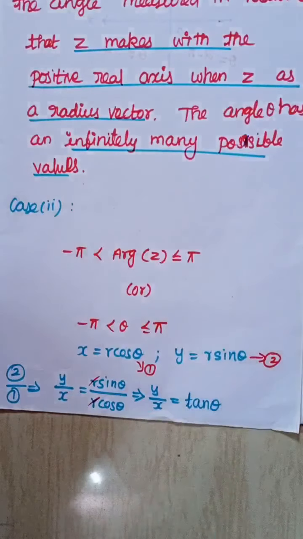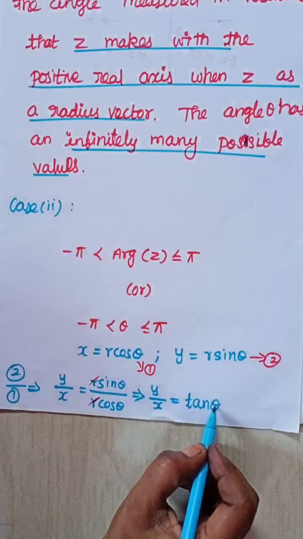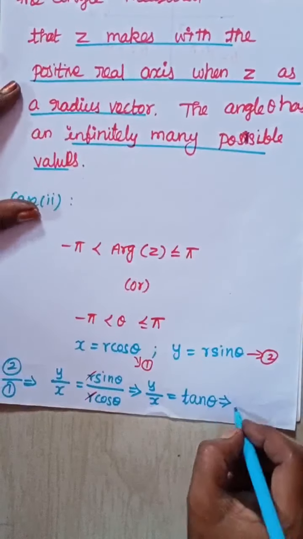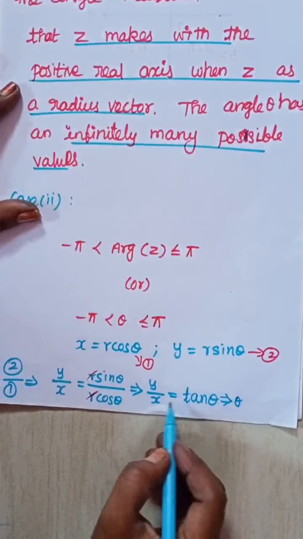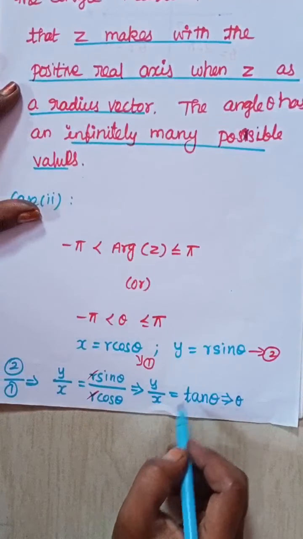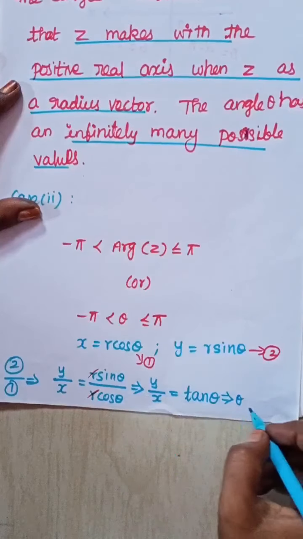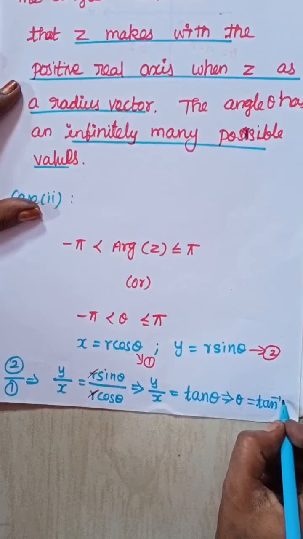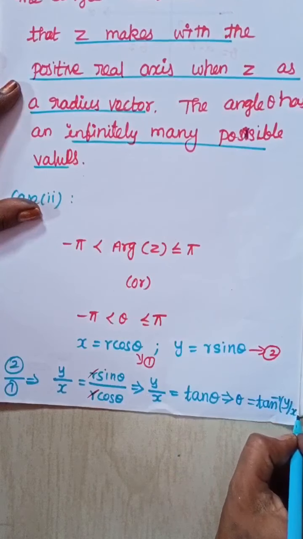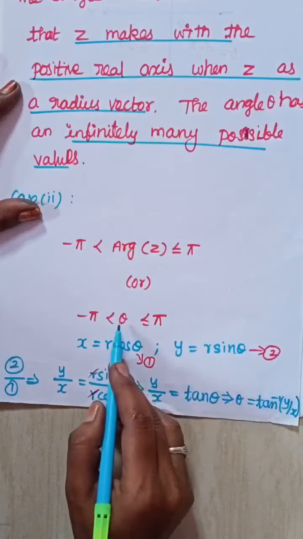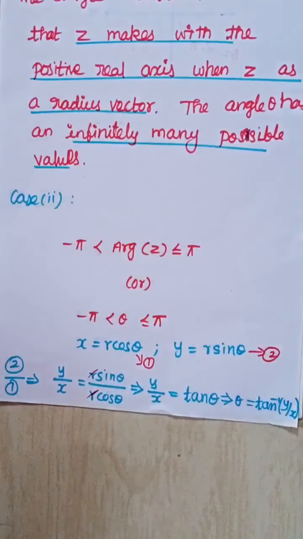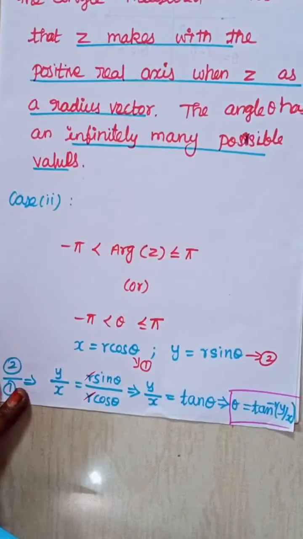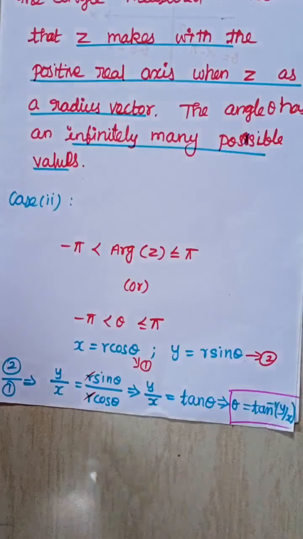Now we need theta only, so theta equals tan inverse of y by x. So the argument value is nothing but tan inverse of y by x.